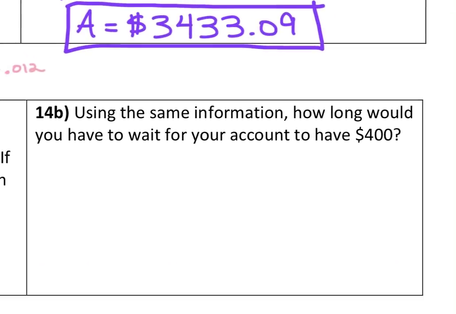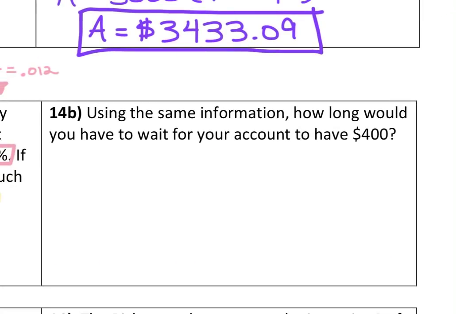You can see the way it's worded that it says how long would you have to wait, and it's going to be years because T is given in years for these equations. So using that same information, how long would you have to wait? And it tells you the end amount.